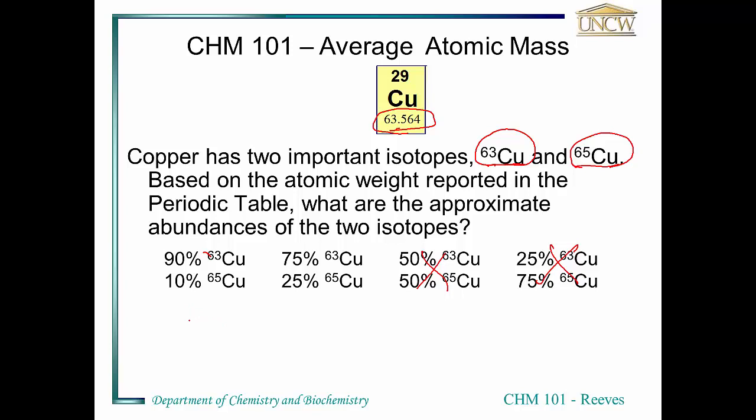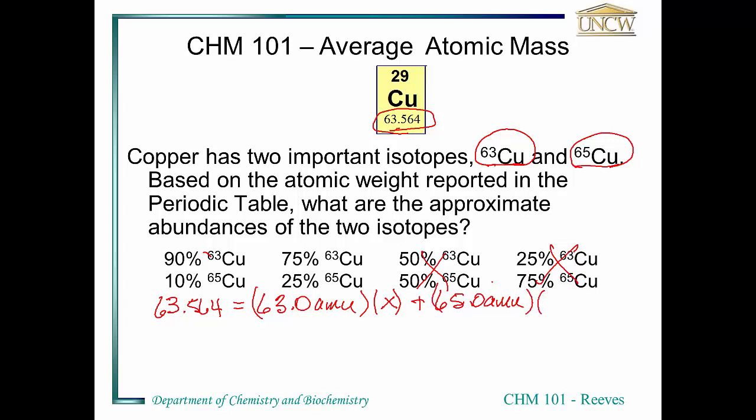So how would we go about finding out the right answer? Well, we realize that the average, which is 63.564, is equal to the mass of the first isotope, which we'll call 63.0 AMU, times its abundance. Well, that's the question, so we'll call its abundance X. And then the mass of the other isotope, which is 65.0 AMU, times its abundance.